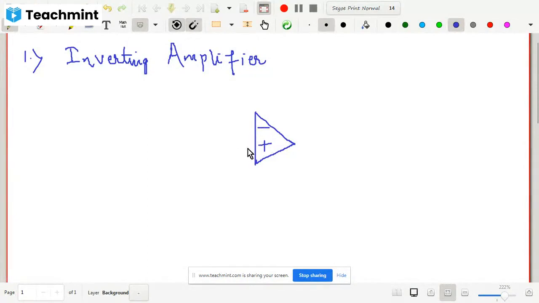Since this is an inverting amplifier, we will give a zero potential to the non-inverting input, and in the inverting input we will give some input through this resistance. Let us say it is Ri, the input resistance.